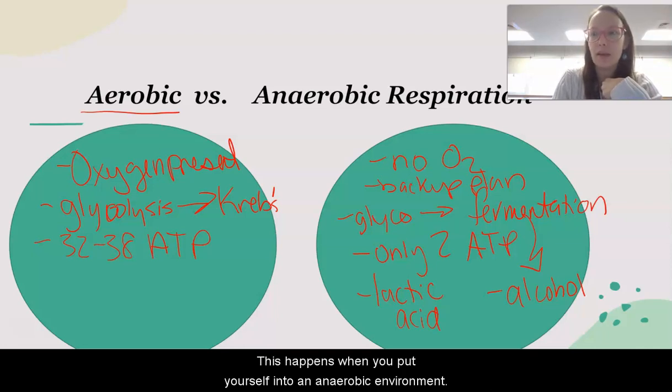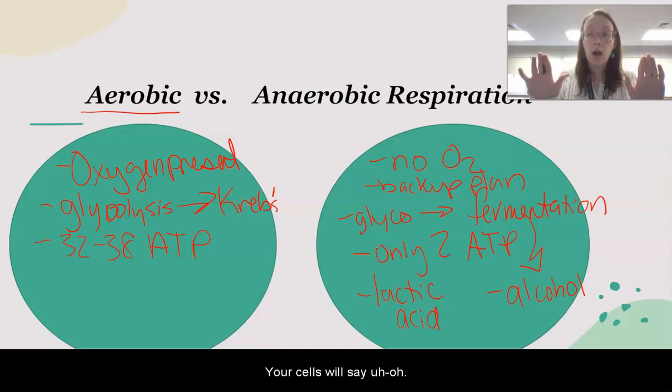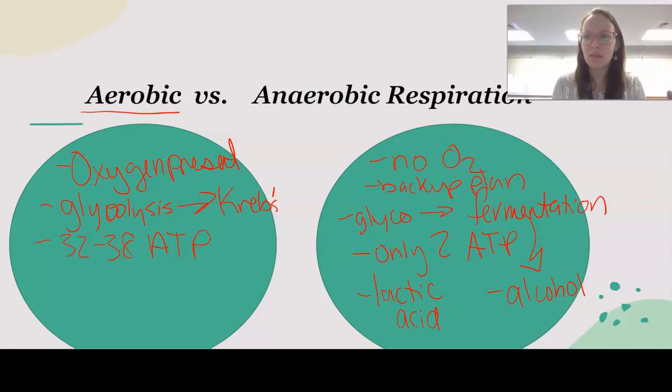So this happens when you put your cells into an anaerobic environment. So if you expire all the oxygen, your cells will say, uh-oh, we need a backup plan. We can't move from glycolysis into the Krebs cycle. We got to do something else.